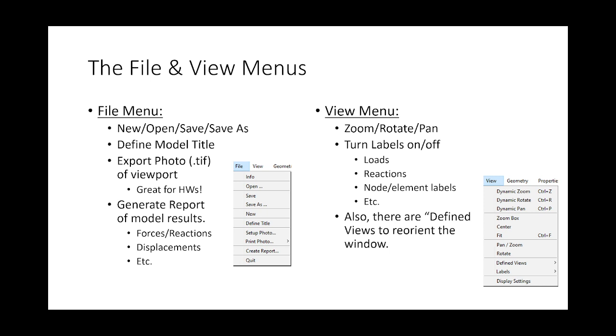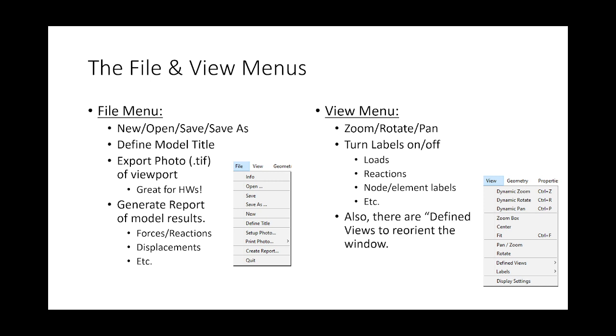So if you're doing a homework assignment, you can export that into a photo instead of having to use the snipping tool. It's actually much more convenient. And you can create a report that generates a text file of all your displacements and deformations and all that stuff, and you can copy and paste that into Excel, etc.